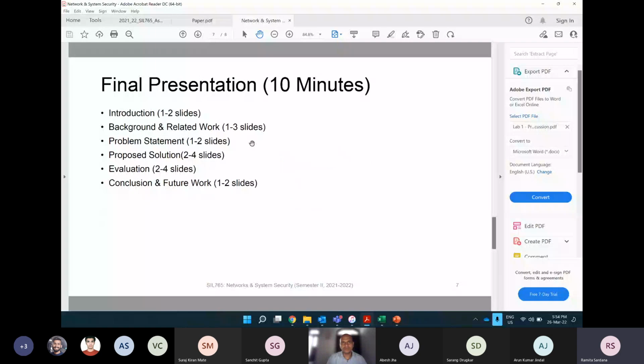Sir, one more thing, whatever we have presented in the midterm, like the background or theoretical part, we don't need to repeat it now, right? No, you do not need to repeat a lot of things, probably most of the things in background and related work, but you need to talk about it in a manner so that you motivate the problem sufficiently.